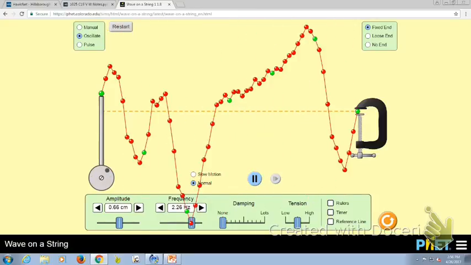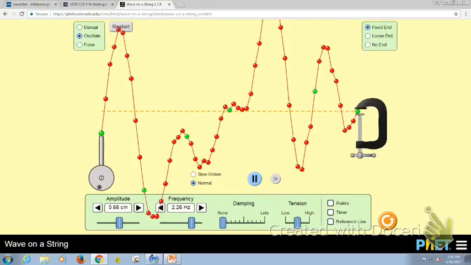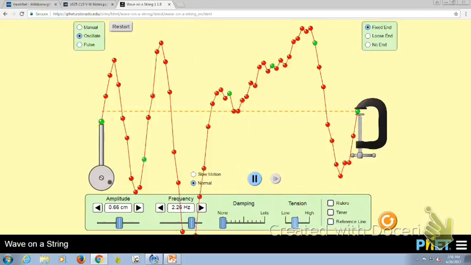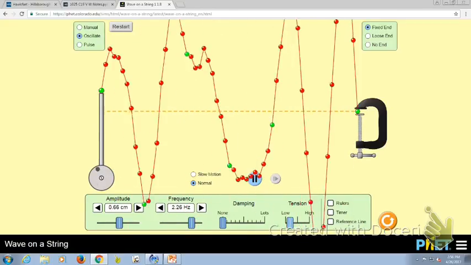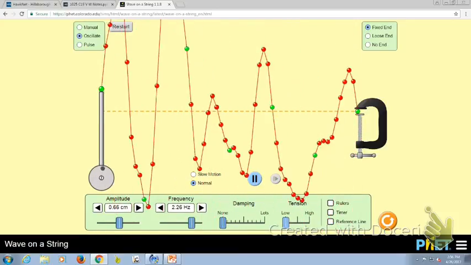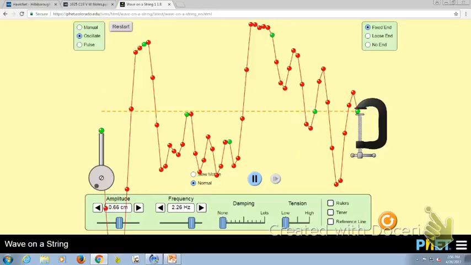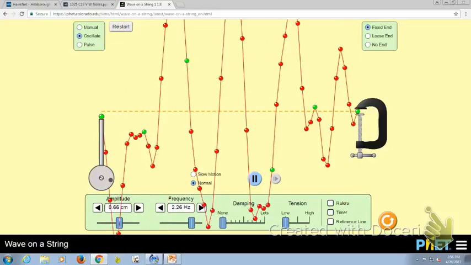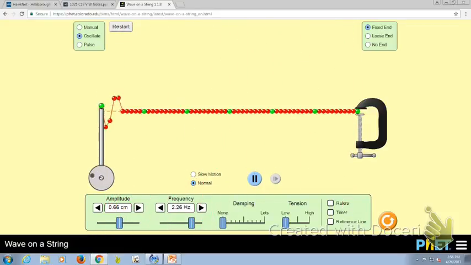I can also, maybe my tension will help me. I can also get a situation where, no, I'm not showing it. I've got to figure that out. But I can also get to a situation where I cancel myself.